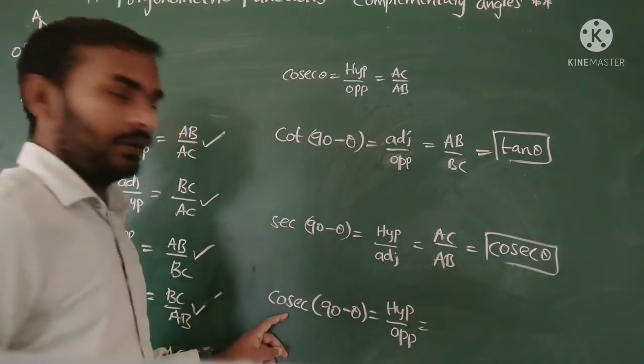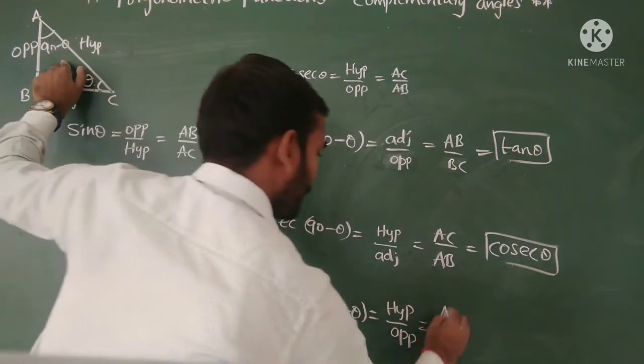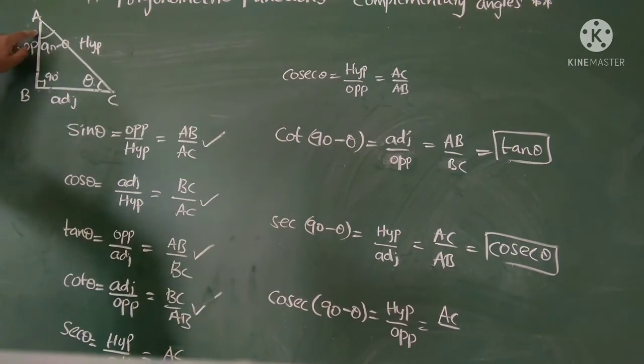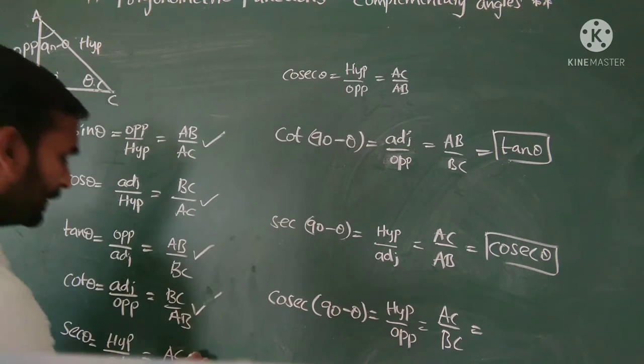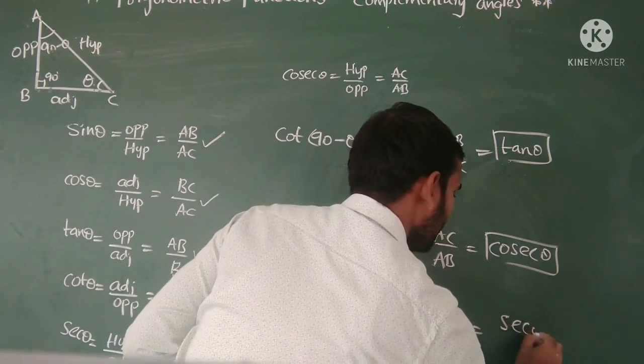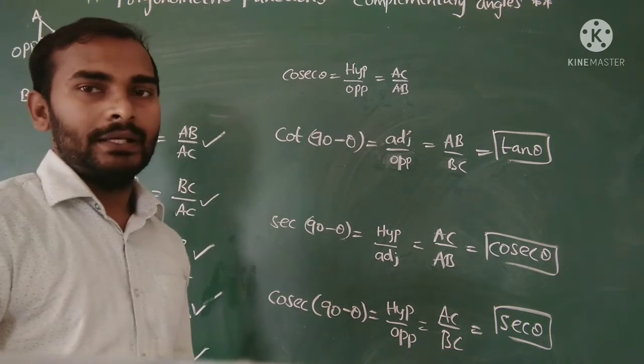Cosec 90 minus theta: hypotenuse is AC and opposite is BC. AC by BC is secant theta. So like this we can find out complementary angles.